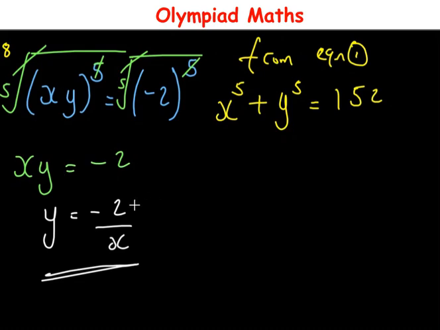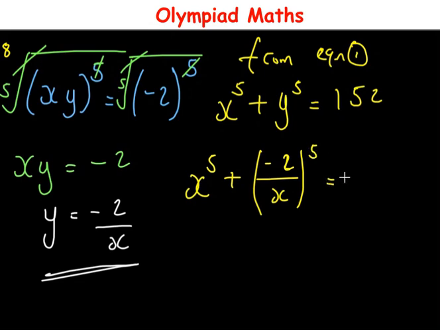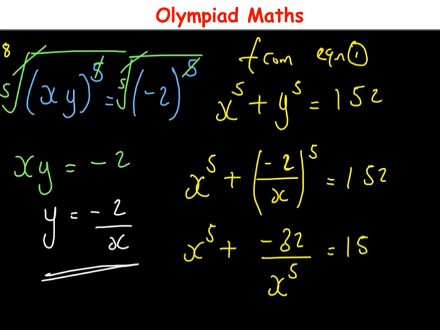So inputting this into this equation, we have x raised to power 5 plus, in brackets, minus 2 over x all raised to power 5 equals 152. And from here, x raised to power 5 plus minus 2 raised to power 5, which is minus 32, over x raised to power 5 equals 152.